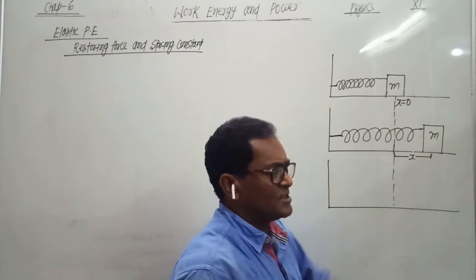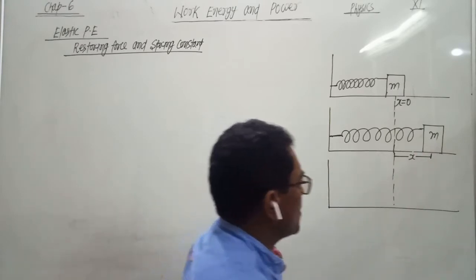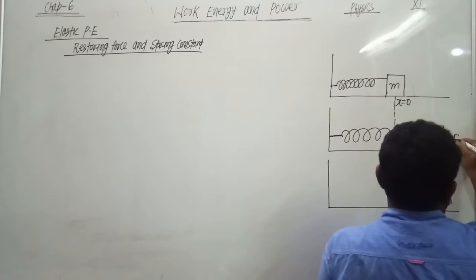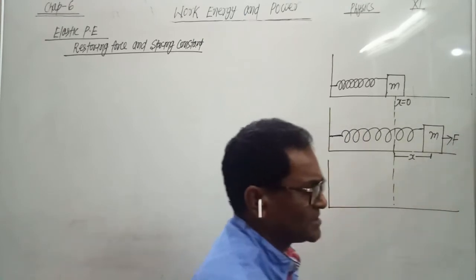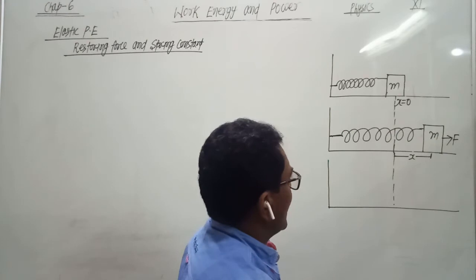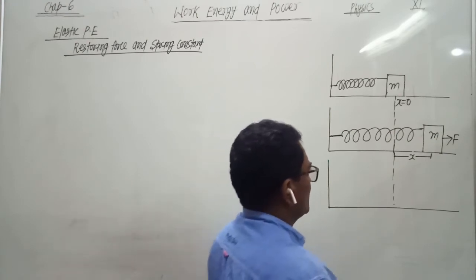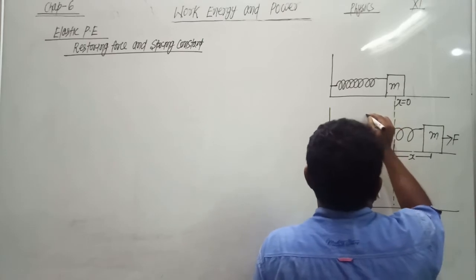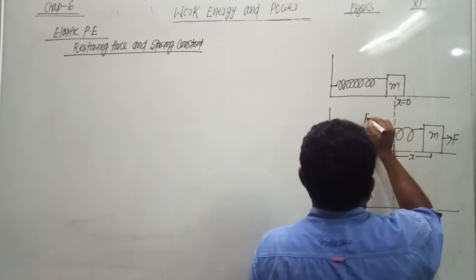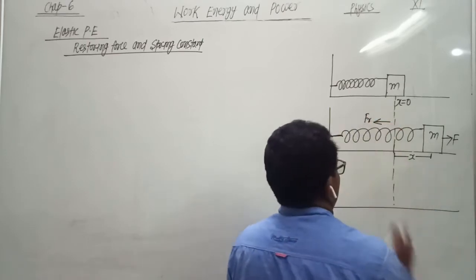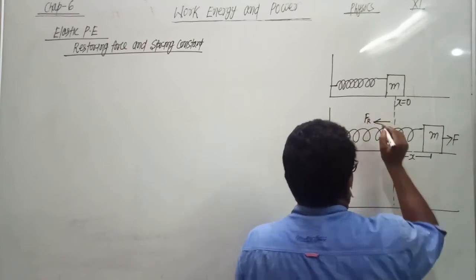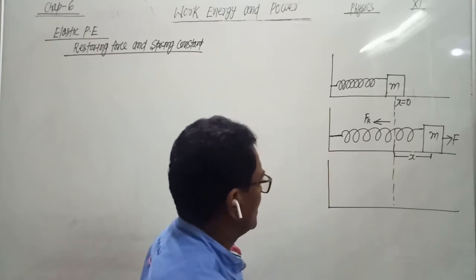The spring is stretched in forward direction, so the external force F acts in forward direction and the restoring force Fr acts in backward direction, opposite to the applied force.